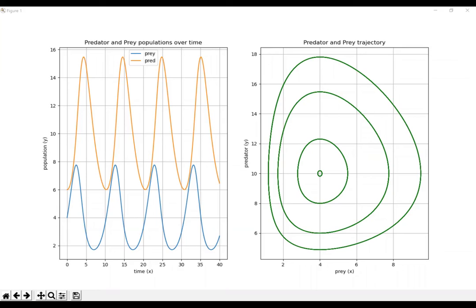These two graphics here illustrate the type of dynamics that you're going to observe. On the left, you see a plot that depicts the predator and prey populations over time. The blue curve is the prey population, and the orange curve is the predator population.